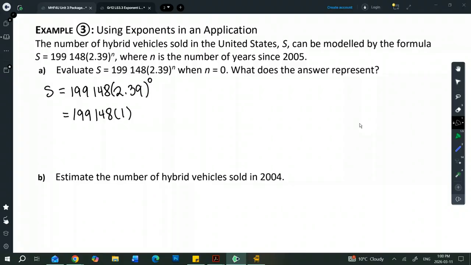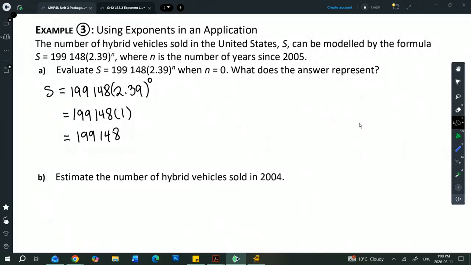Okay, so that ends up being 1. And then what's 199,148 times 1? Yeah, just itself. Get that back.